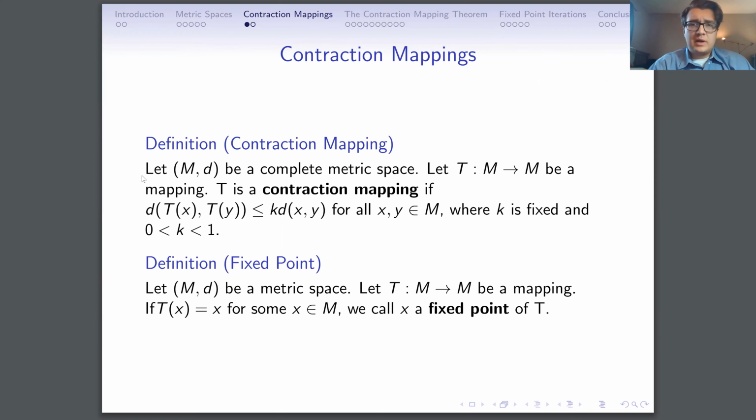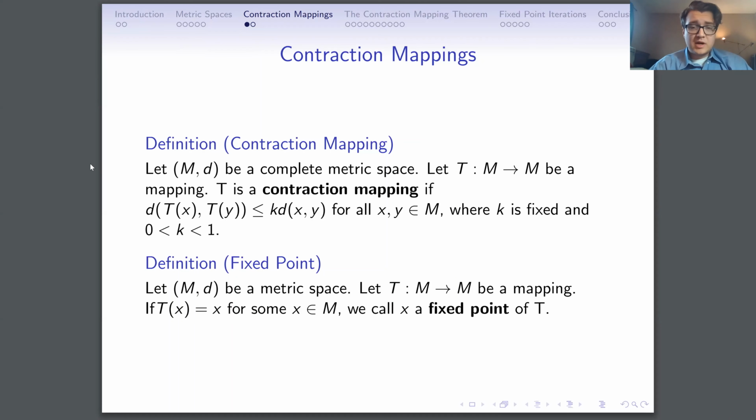Now let's move on to a formal definition of contraction mappings. Again, suppose you have a complete metric space. Notice that we're restricting ourselves now to complete metric spaces. Let T, mapping M onto itself, be a mapping.